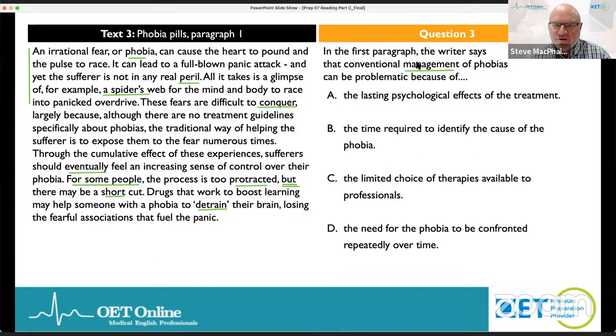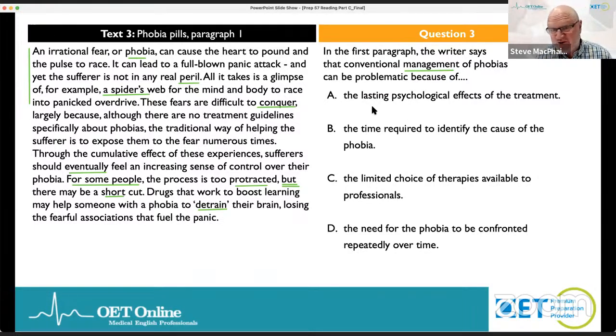All right, let's have a look. The writer says that conventional management of phobias can be problematic because of the lasting psychological effects of the treatment. What do you think, everyone? Yes, no, maybe. The lasting psychological effects. Well, they do talk about through the cumulative effect of these experiences.